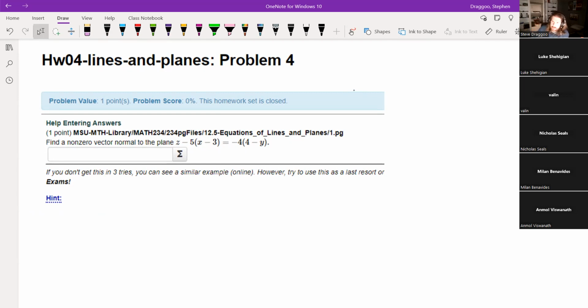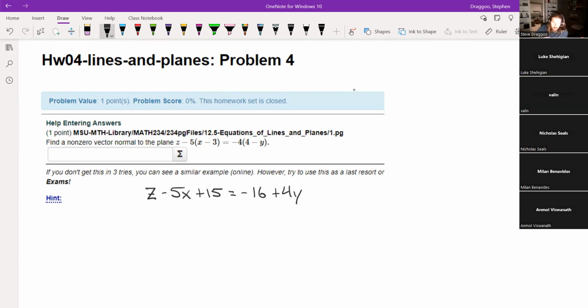So what I'll do is I'll just multiply everything out, group it all on one side, and come up with a normal vector. So if I multiply stuff through, this equation could be rewritten as z minus 5x plus 15 is equal to negative 16 plus 4y.